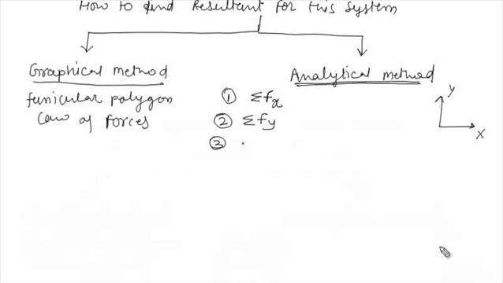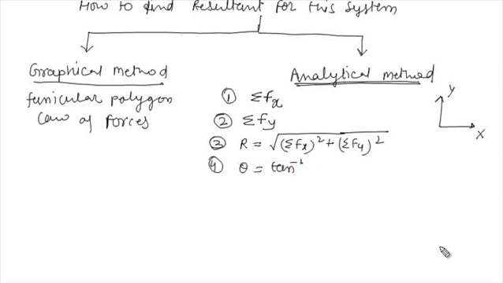Third, we use the equation R equals square root of summation of Fx square plus summation of Fy square. And for direction, we can use theta equals tan inverse of summation of Fy over summation of Fx. So these four steps, 1, 2, 3, 4, are the same in a coplanar concurrent force system or a coplanar non-concurrent force system for finding R and theta.